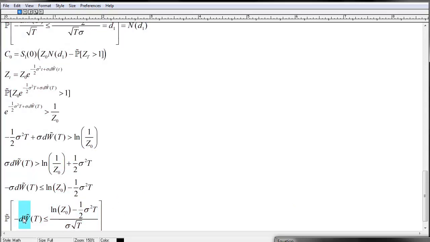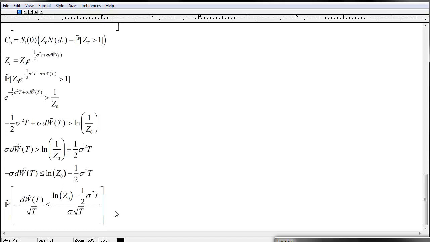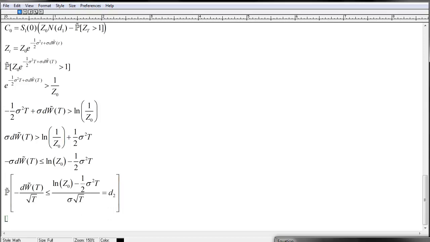I forgot to divide by the square root. Since we are solving the probability, this is again normally distributed, a standard normal. Let's call this expression d2. So this means it's N(d2), where N is the cumulative standard normal.